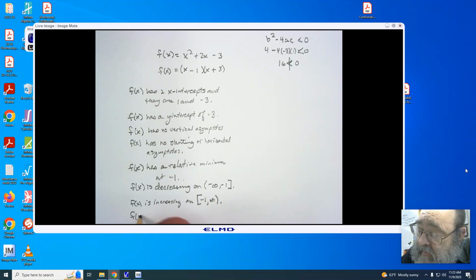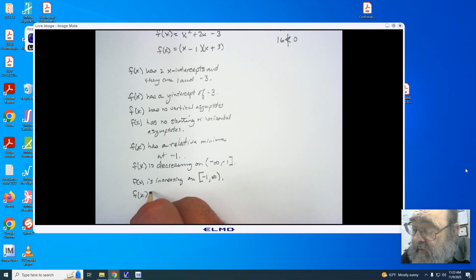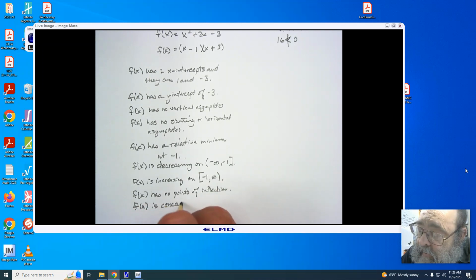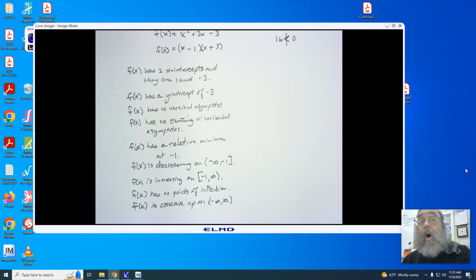F of x has no points of inflection. And then f of x is concave up on negative infinity to positive infinity, because it's always positive.